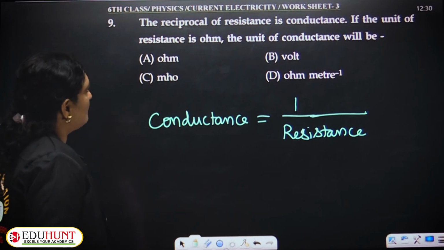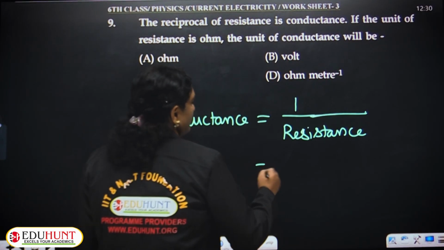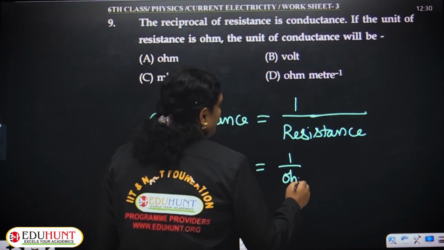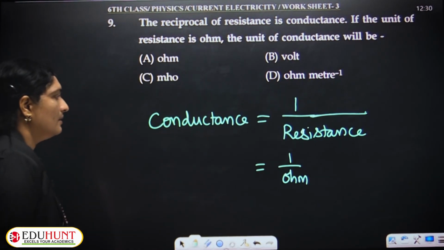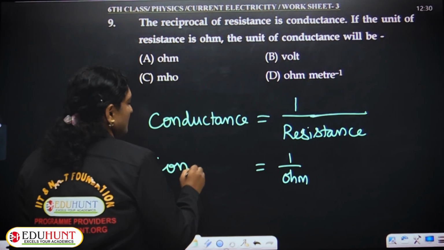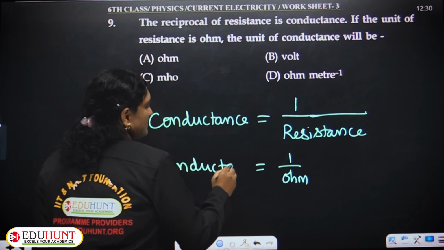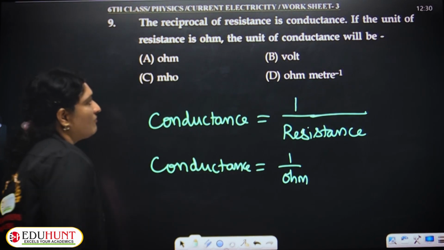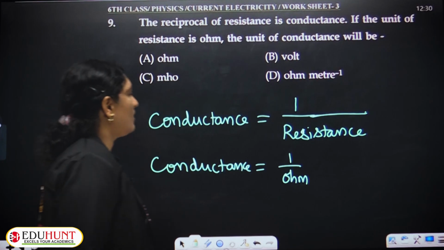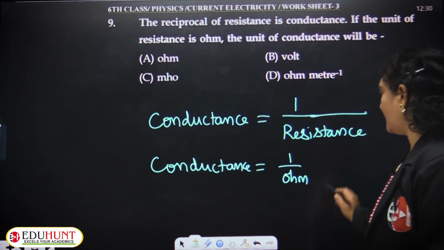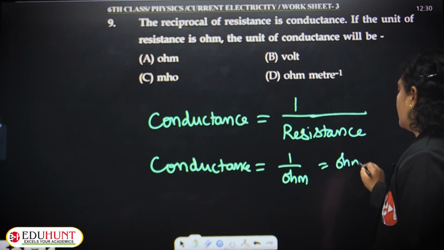So, what they are saying, if the unit of resistance is ohm, then the unit of conductance is 1 by ohm. This 1 by ohm can also be written as ohm inverse.